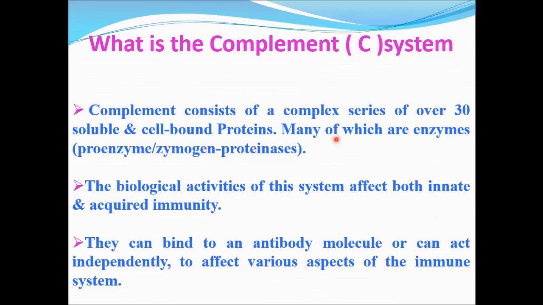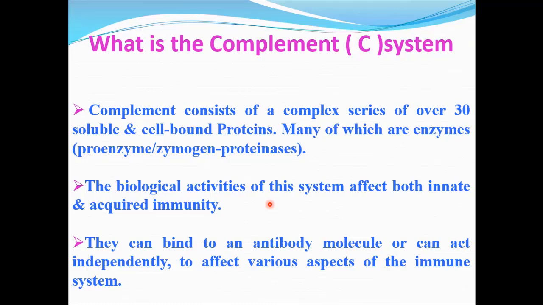The proteins of these enzymes in the complement system have proteinase properties. They are proteinases. And the biological activities of the complement system affect both innate and acquired immunity. Then the complement system is very important in both innate and acquired immunity.